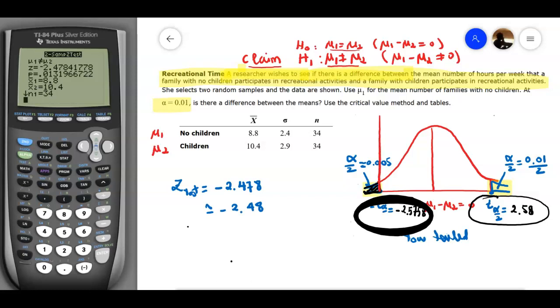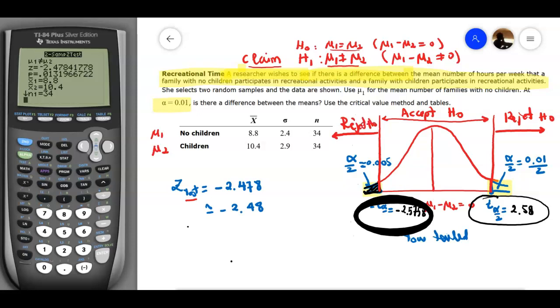The inside part, this is what we call the acceptance zone. It means accept H0. So if the z-test falls here, we're going to accept H0. However, if it falls outside, we're going to reject H0.